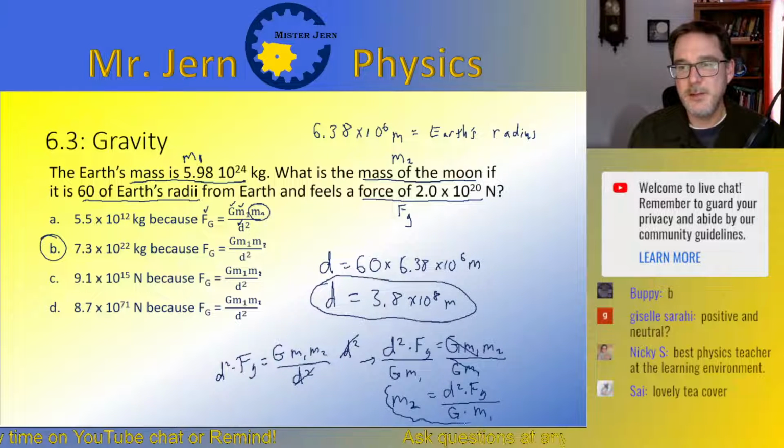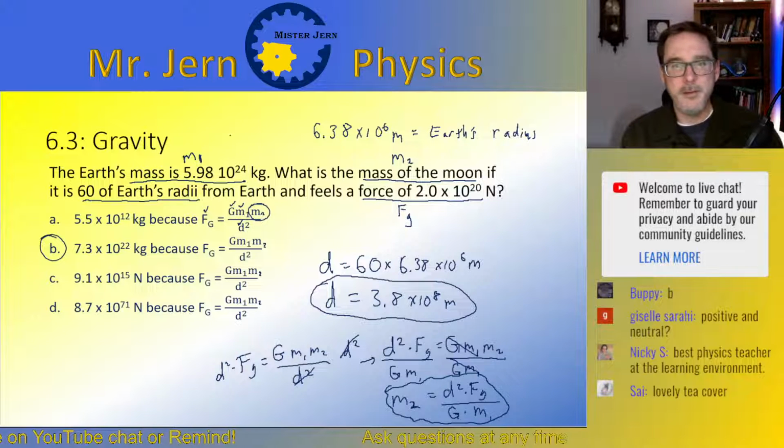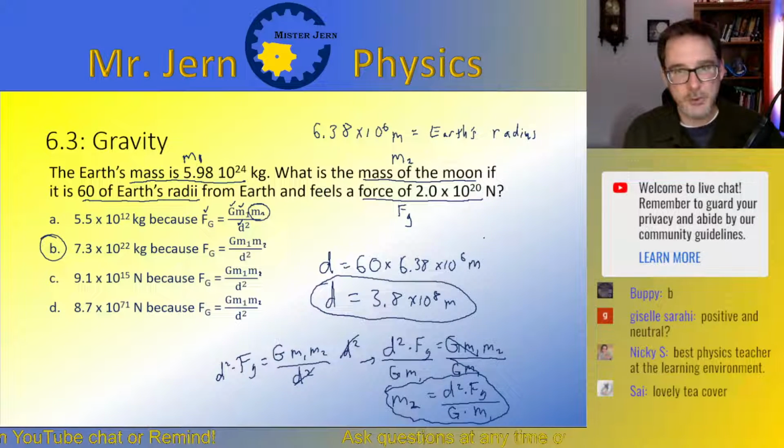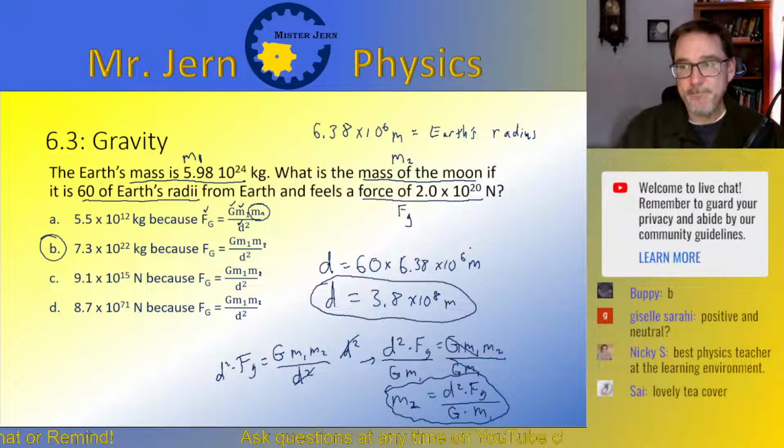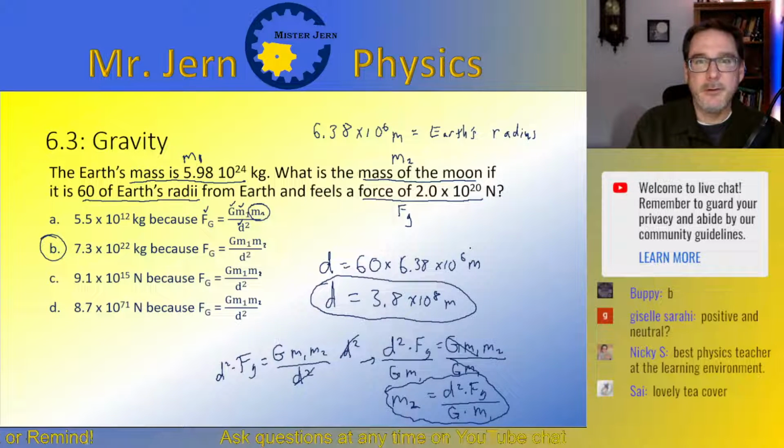If I use this equation with these numbers that we found, you should get 7.3 times 10 to the 22nd kilograms. Try it. Let me know if you have any questions on that.